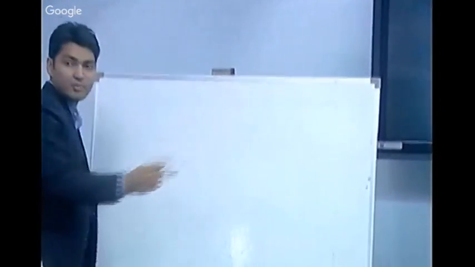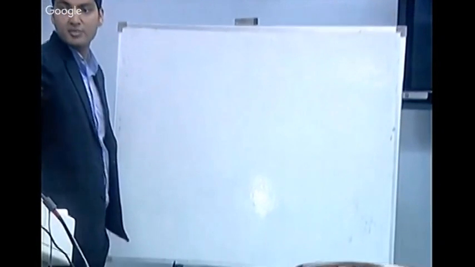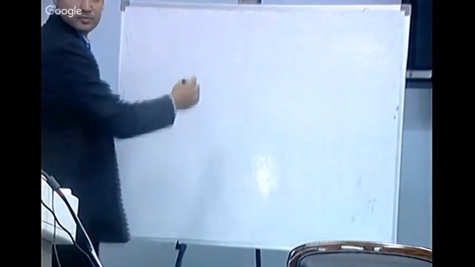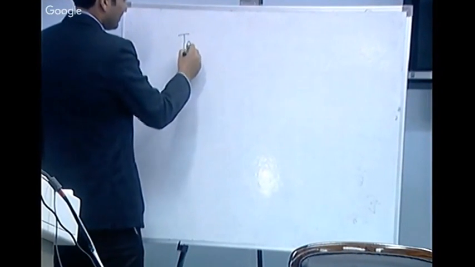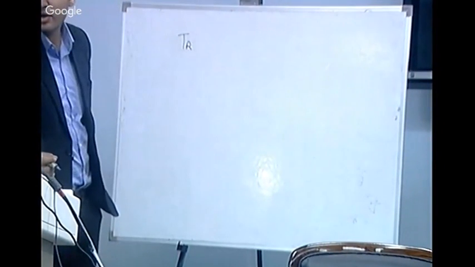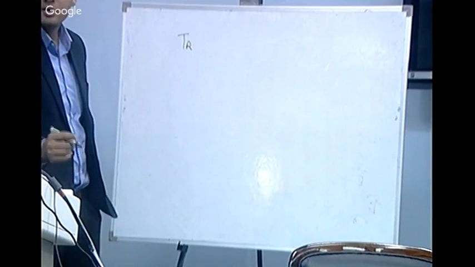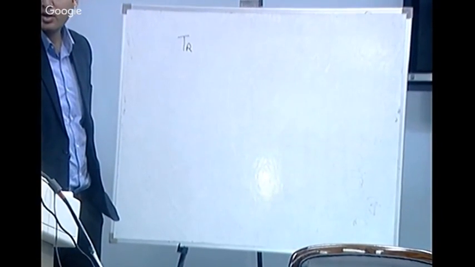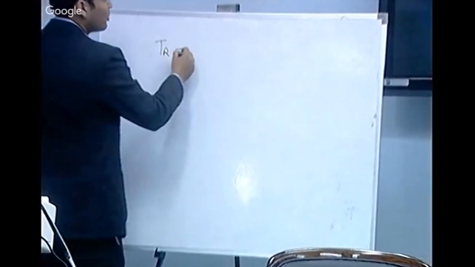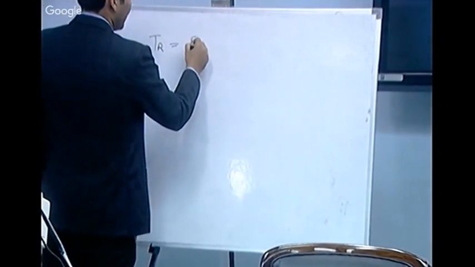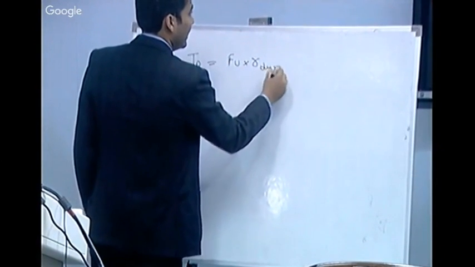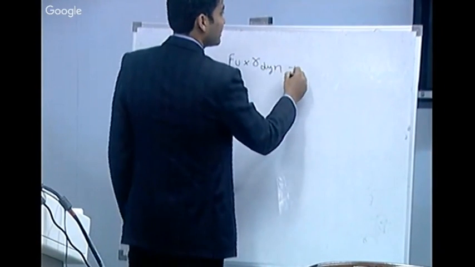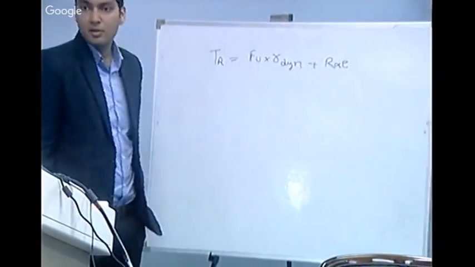As is clear from the figure, as we distribute these forces, this is the torque requirement. Clear? And this torque requirement is equal to Fu into R dynamic plus R into E. Why?